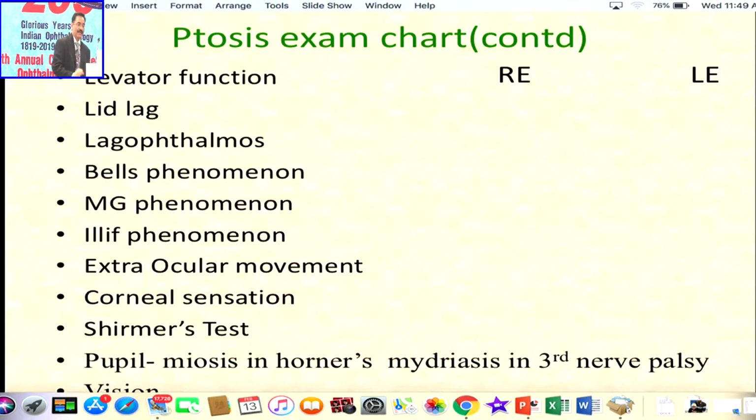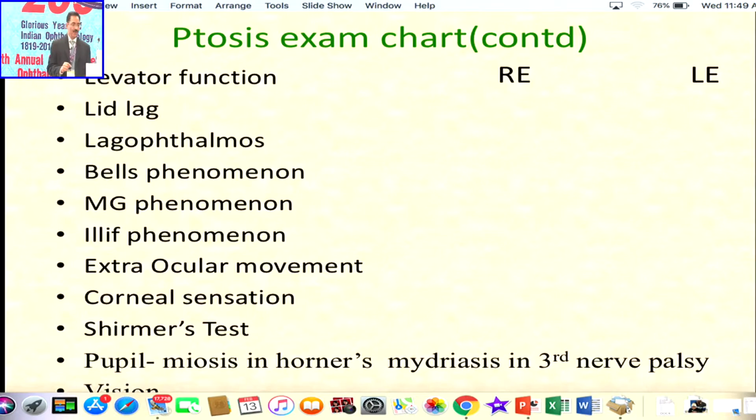Then there are 3 L: levator function, lagophthalmos, lid lag. So these 3 are the 3 L. Then there will be 3 phenomena: Bell's phenomenon, Marcus Gunn phenomenon, Aliph phenomenon. And then there will be 3 ancillary signs which are not related to ptosis: extraocular movement, corneal sensation, Sharma's test. And then there will be vision and pupil.